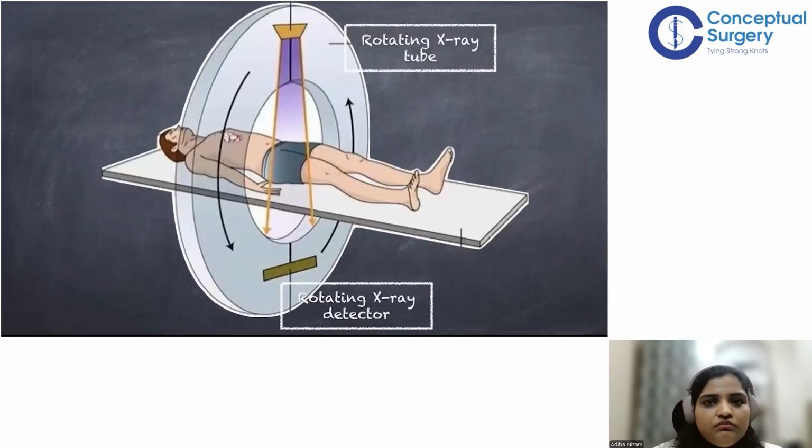So this is a diagrammatic representation of what is happening in a CT. We have a gantry, which is this donut-shaped structure. This structure has an X-ray tube and an X-ray detector. Both of them are rotating, and the rotating X-ray tube takes multiple X-rays as it traverses around the body and takes multiple images.